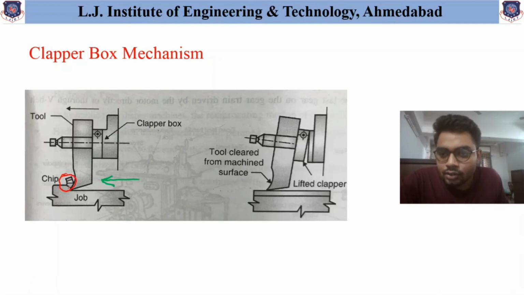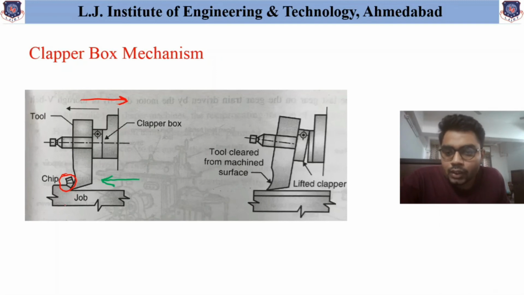This is the first movement, the forward movement of the tool, and it removes the material from the workpiece. Now when it returns, there is a possibility that this tool directly comes in contact with the workpiece and deteriorates the surface.